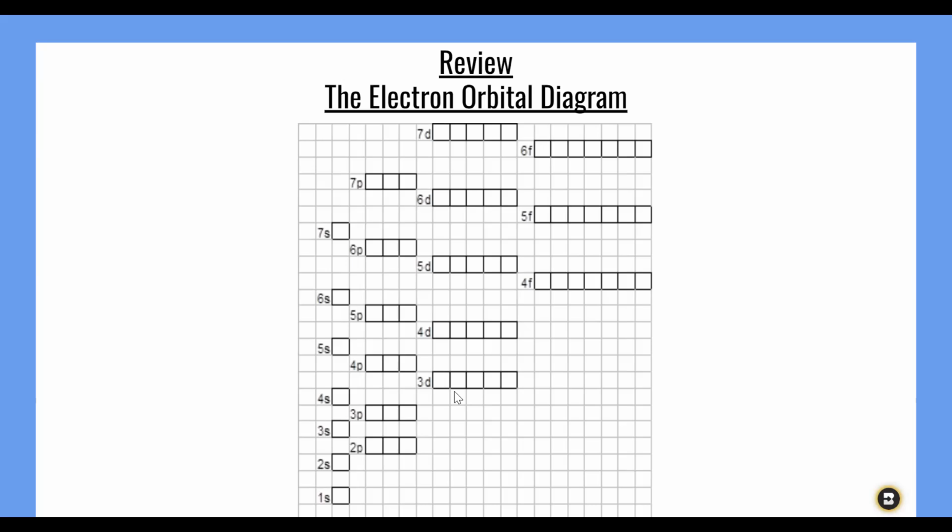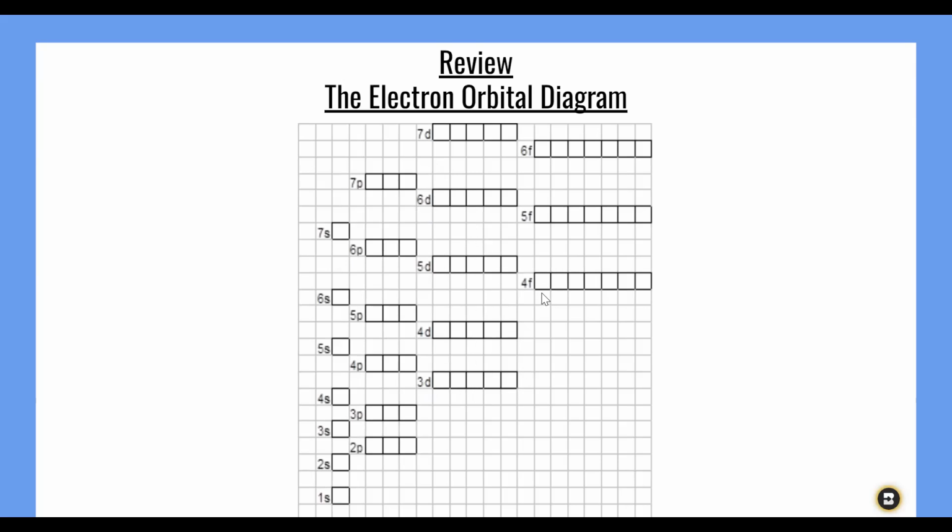Then the d orbital starts from 3d. The energy level starts from the third energy level: 3d, 4d, 5d, 6d, 7d, and it has a maximum of 10 electrons.